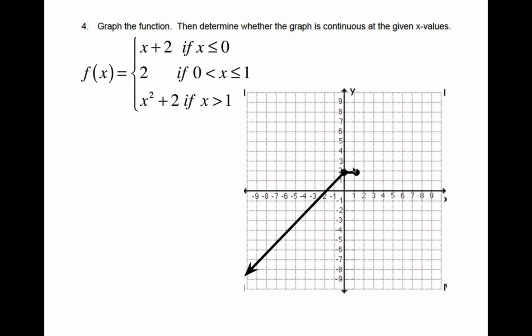So right 1 squared is 1, fold it over the vertex, back to the original dot. Right 2 squared would be up 4, fold it over the vertex. There's my U-shaped graph. Looking at the domain, it's an open circle at x equals 1, so that would become an open circle. We're keeping where it's greater than 1, so keeping to the right of 1, erase in the opposite direction. So there's my graph.